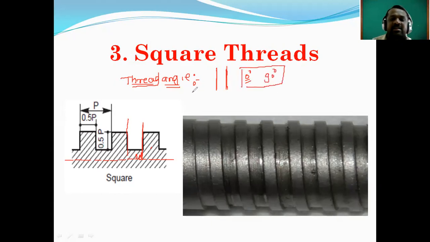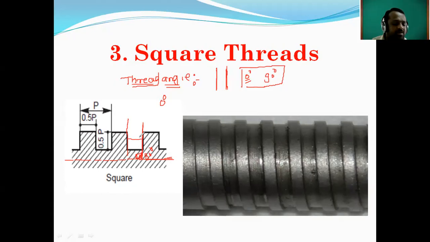It is related to the square thread. That means, in a square thread, what will be the angle of the flank, or the angle of the thread? It will be 0 degree. But that flank is perpendicular, or we can say the angle between axis of thread and flank will be 90 degree. This angle will be 90 degree. Is it clear? This will be 90 and this included angle will be 0, because both the flanks are parallel to each other.